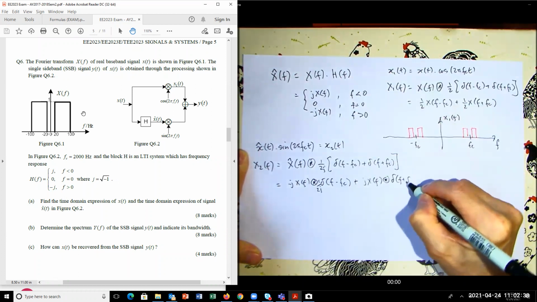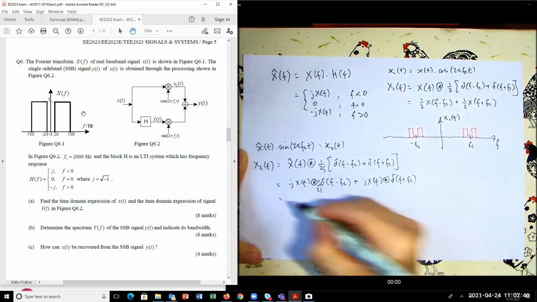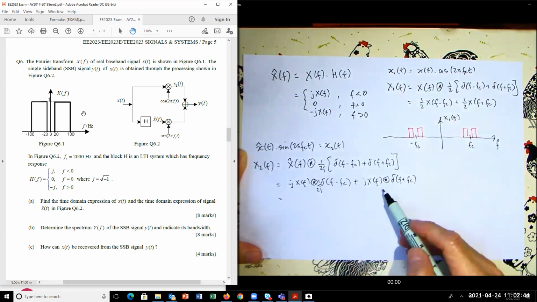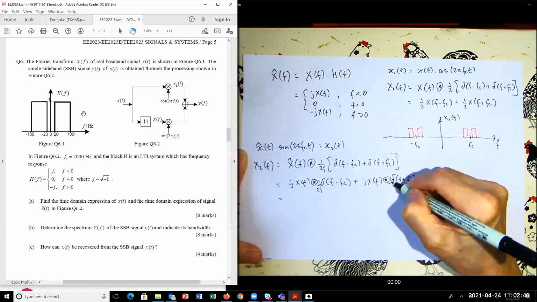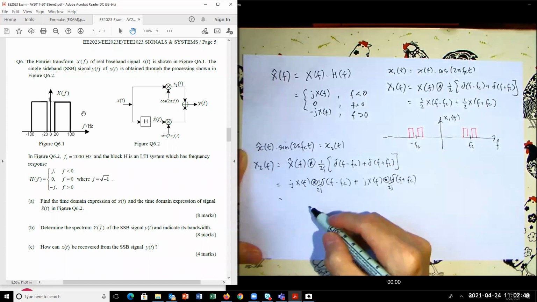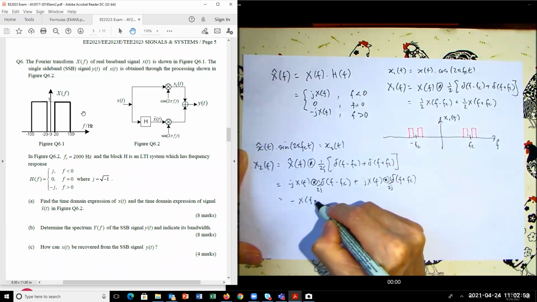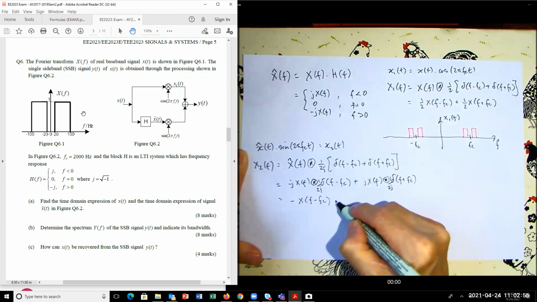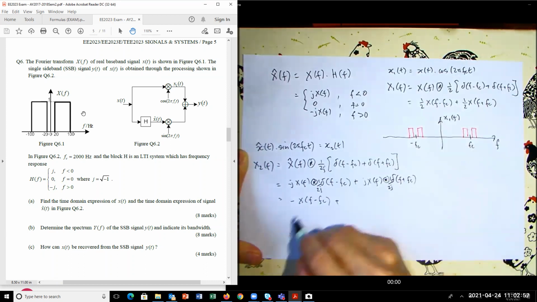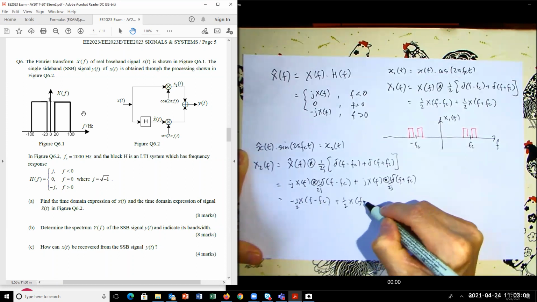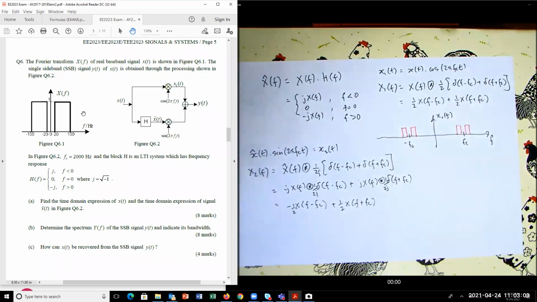If you do that, the j and j cancel here. Similarly, we have 1 over 2j here also. So you will get minus 1/2 X(f minus fc) plus, I forgot my 1/2, 1/2 X(f plus fc). This is what you get. So now you can draw X2.